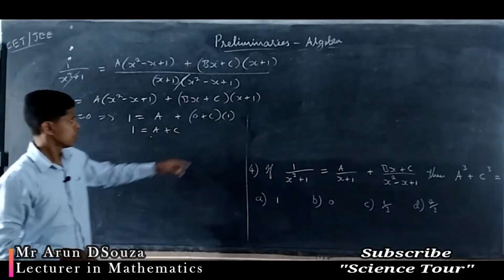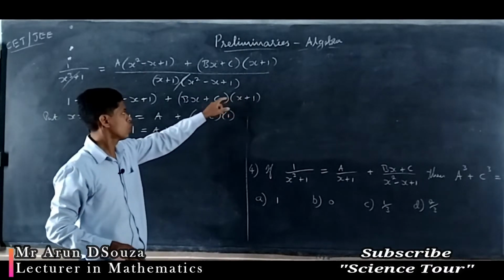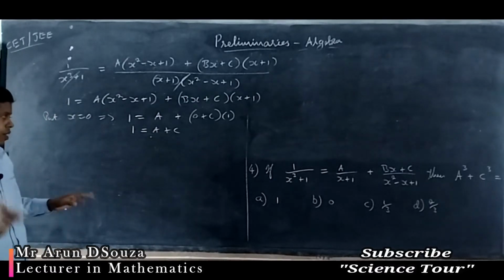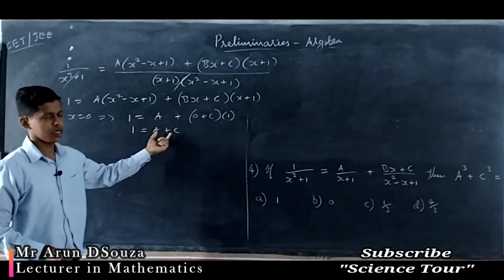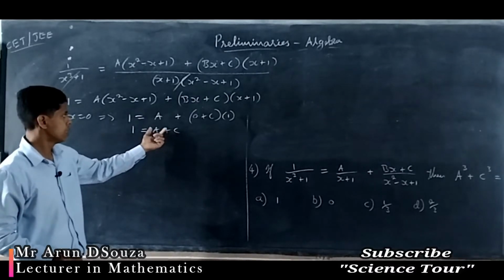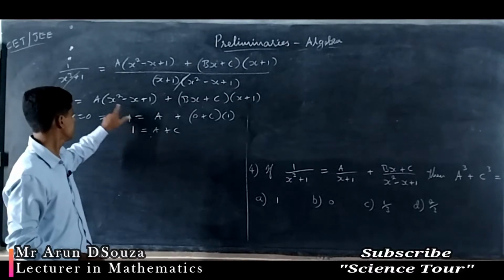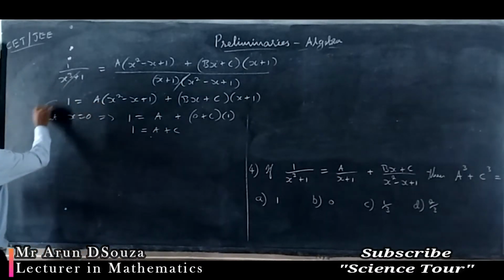Next we can put x is equal to minus 1 here. See, when you put x is equal to minus 1, you will be left with a and b. Okay, anyway, now we got a plus c, right? So we got a plus c, and then now we can find the value of a by comparing. Understand this?